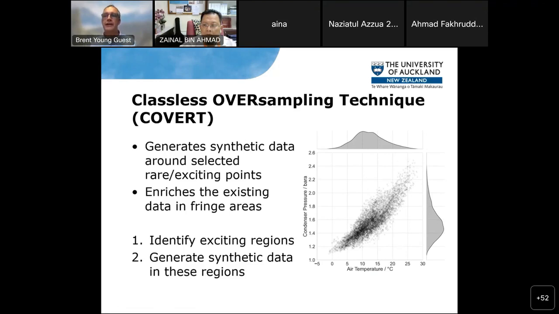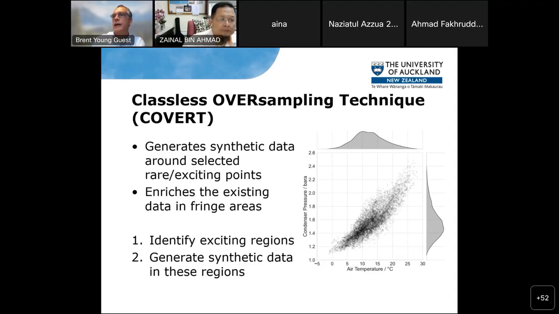We had to have a nice acronym. And the idea is to generate synthetic data that fills in the data, so you can get information on those rare points, those exciting points. So we get a more uniform distribution.